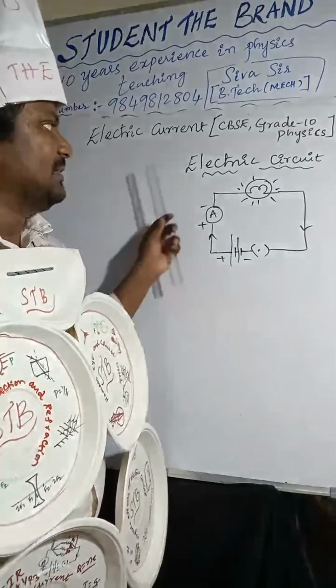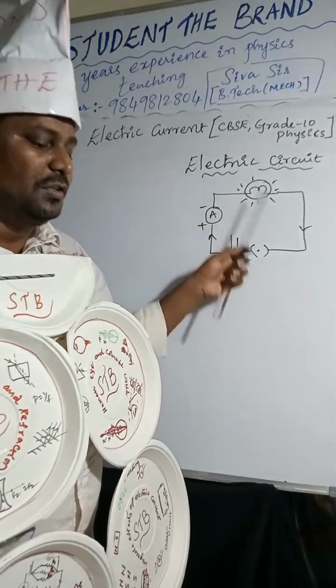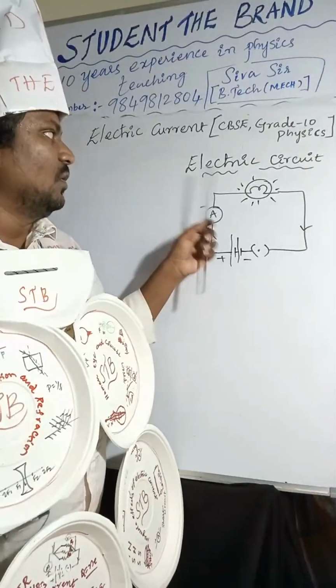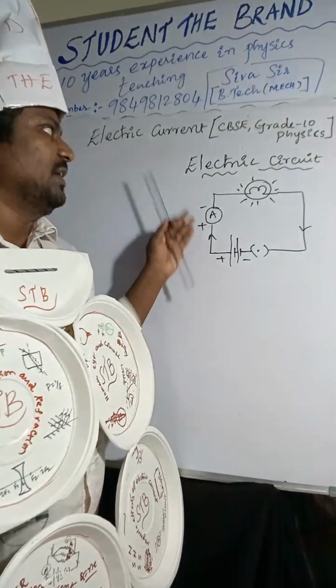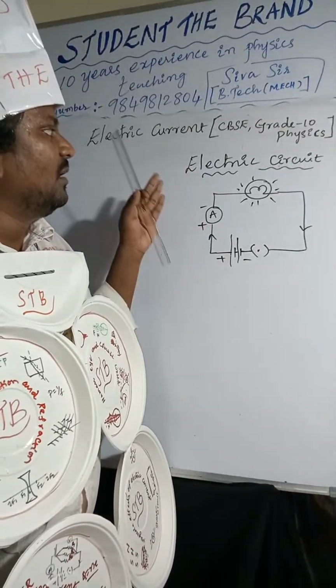A continuous and closed path of an electric current is known as electric circuit. Okay, so that is about electric circuit.